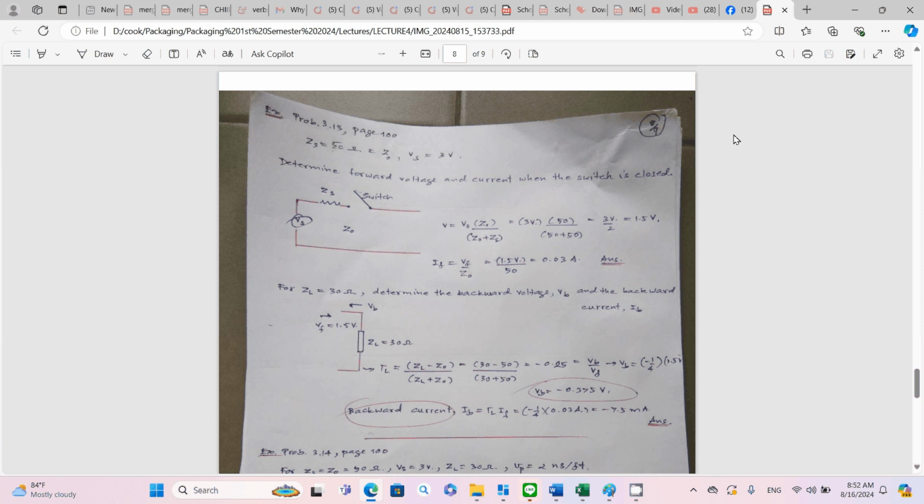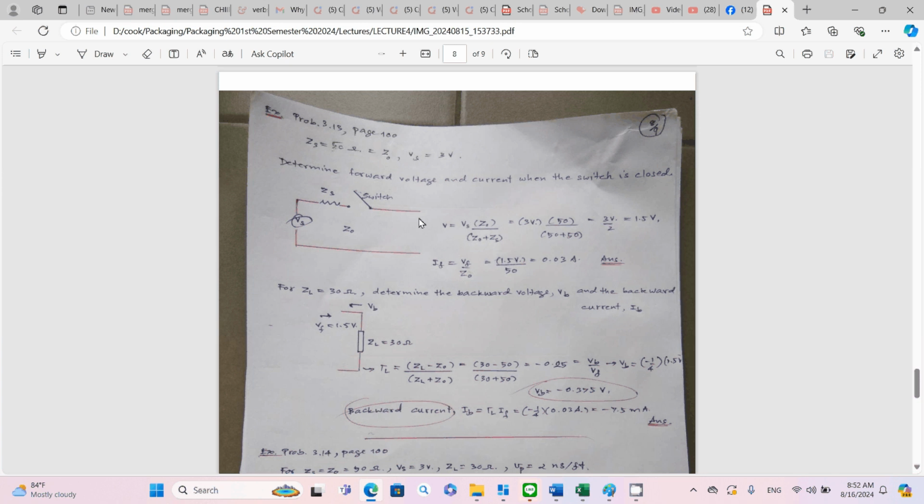Now take a look at example problem 3.13, page 100. The source impedance given equals the characteristic impedance Z0, that's 50 ohms, and you have the source voltage 3 volts. Determine the forward voltage and current when the switch is closed.